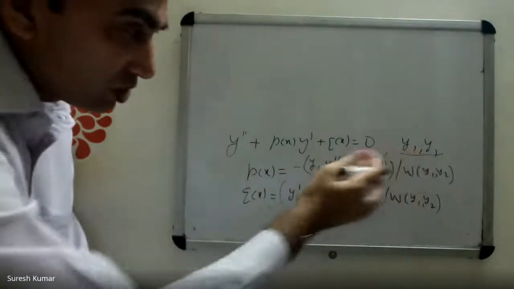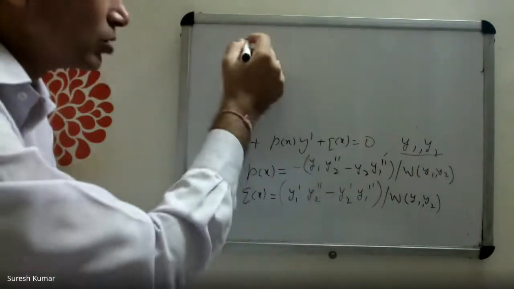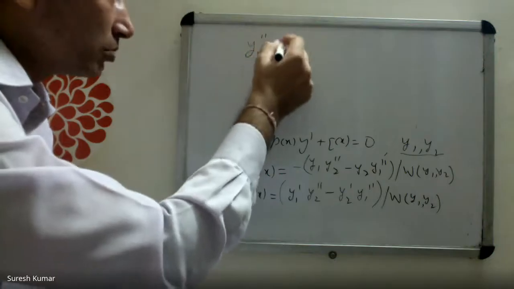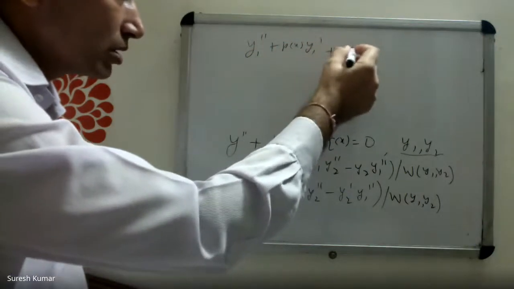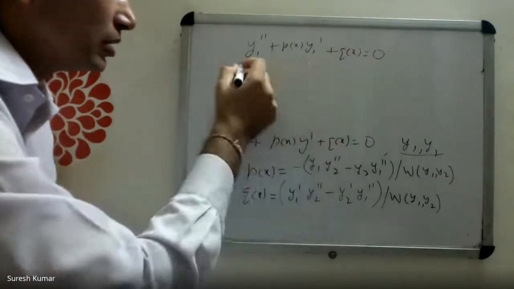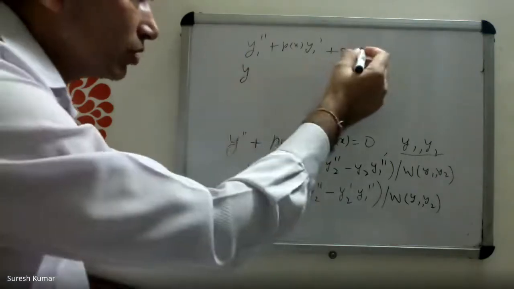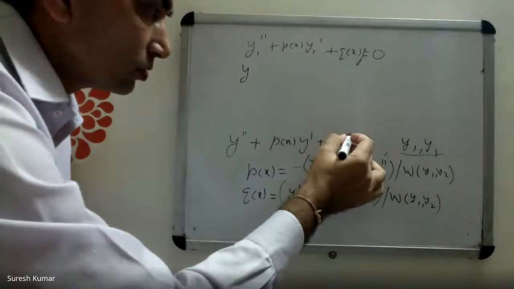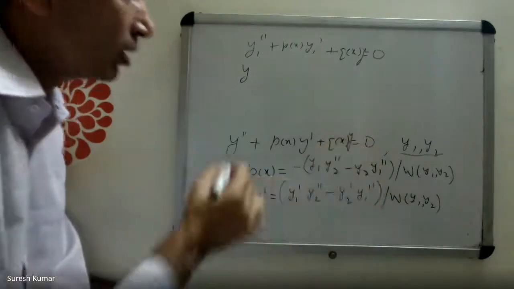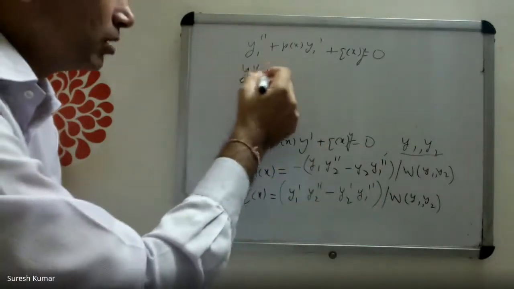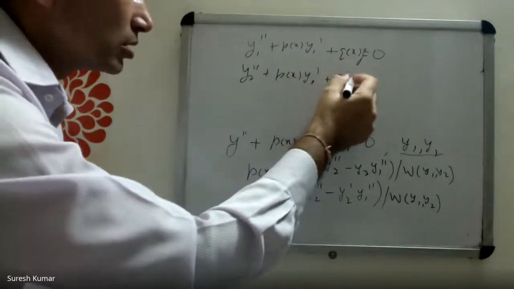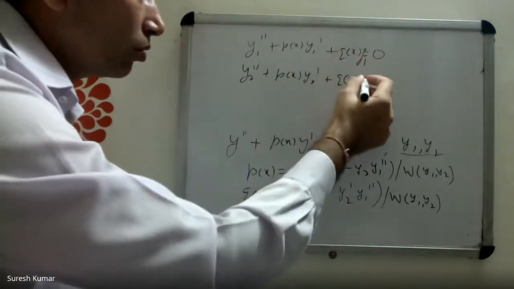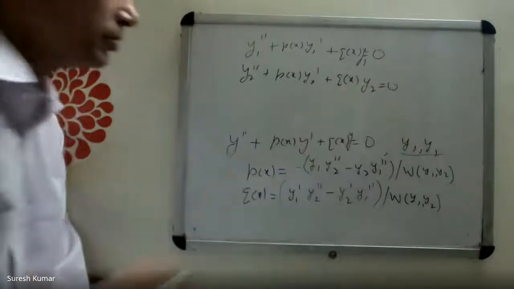Because y1, y2 are solutions, y1 double prime plus Px y1 prime plus Qx y1 equal to 0. The second relation would be y2 double prime plus Px y2 prime plus Qx y2 equal to 0.